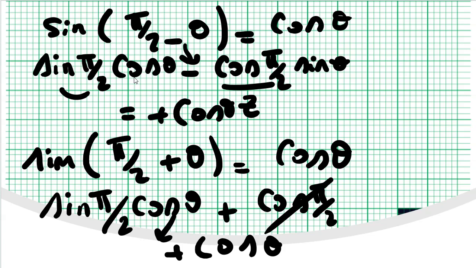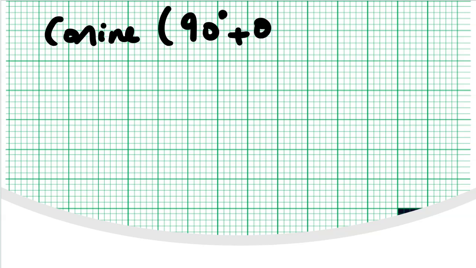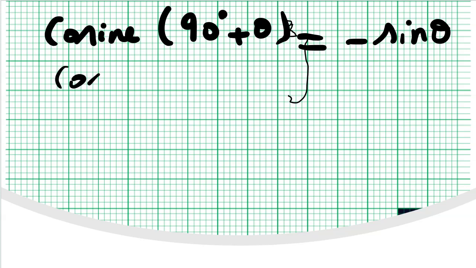Now, this makes a lot of sense. If you switch it and go to cosine, the cosine of 90 degrees plus theta in quadrant 2 equals what? The cosine is negative in quadrant 2, so it's going to equal minus sine of theta. And even if you don't memorize it, if we don't want to remember this, you can figure it out from the crab rule right away.